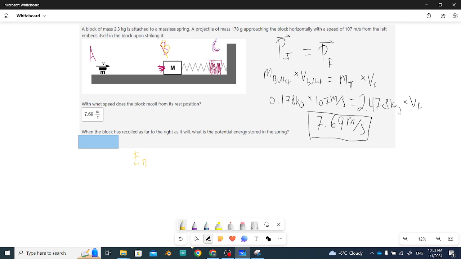Energy at B is just kinetic energy, and that's equal to 1/2 m total V squared.